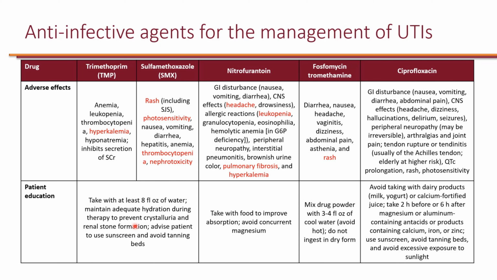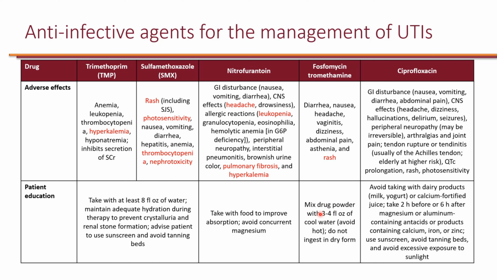It can also cause peripheral neuropathy, interstitial pneumonitis, and it can make the urine color change to brownish. And with chronic use, it can also cause pulmonary fibrosis. Lastly, it can cause hyperkalemia. It is recommended that nitrofurantoin be taken with food to improve absorption and to avoid concurrent magnesium products, which can reduce the absorption.